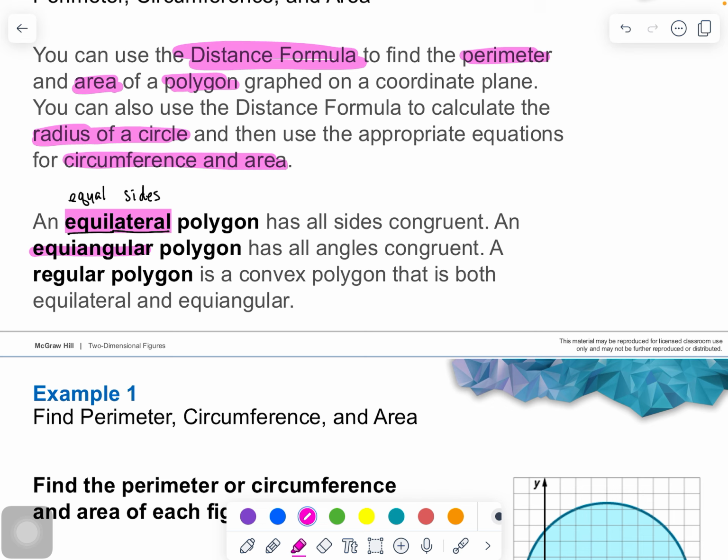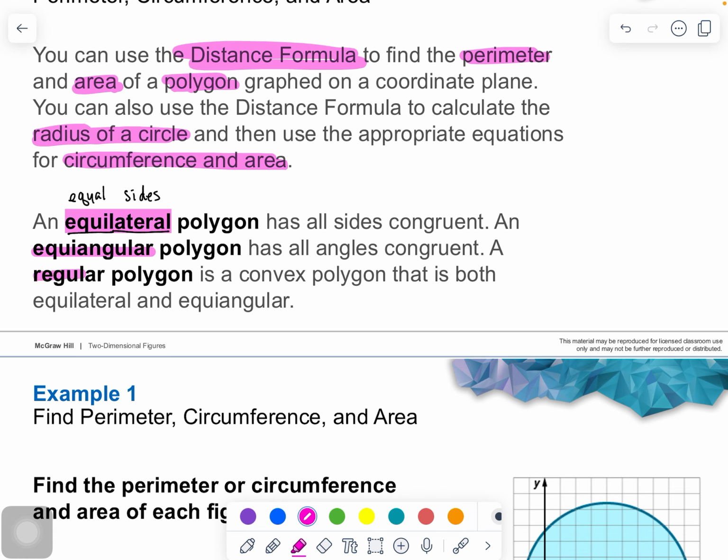Whereas equiangular, that one means equal angles. That has all angles congruent.